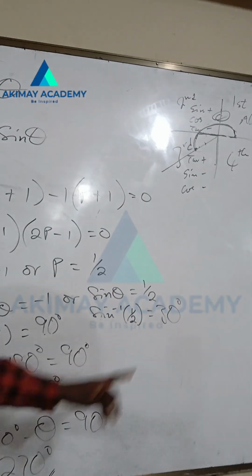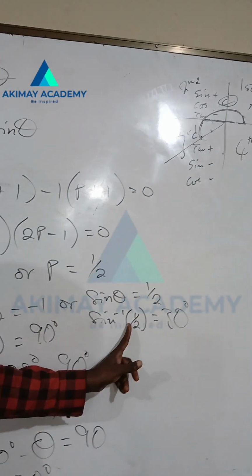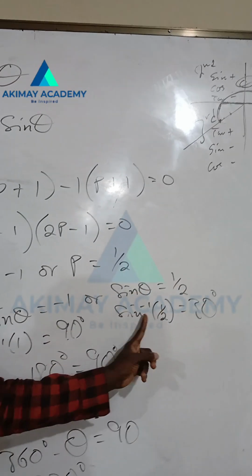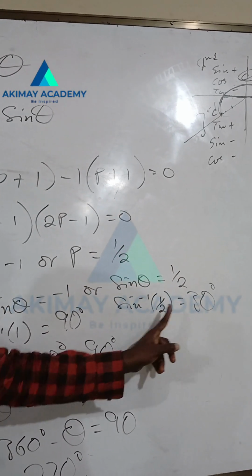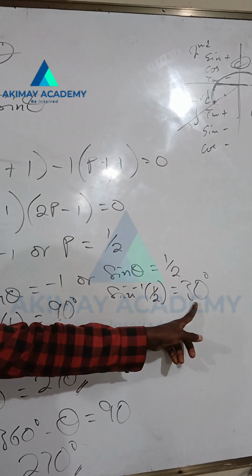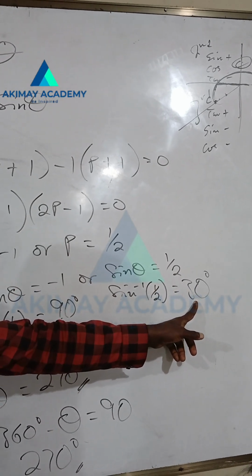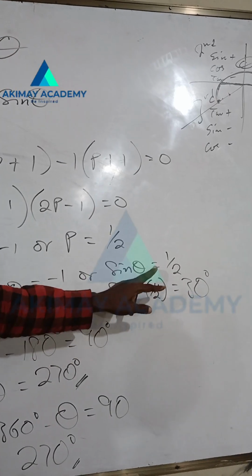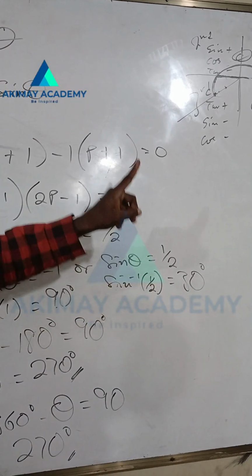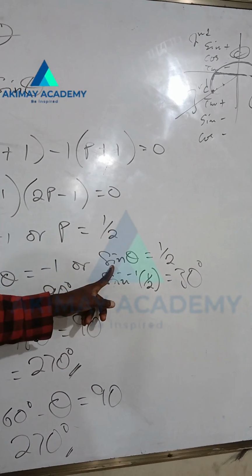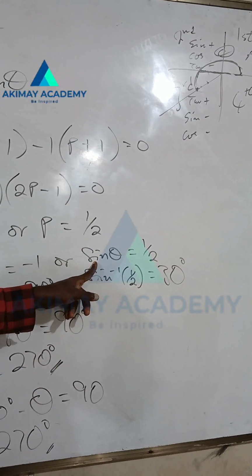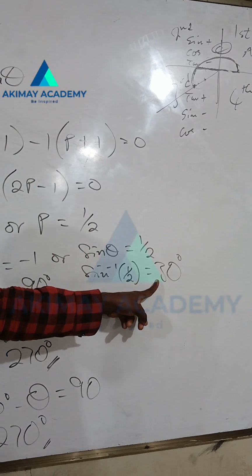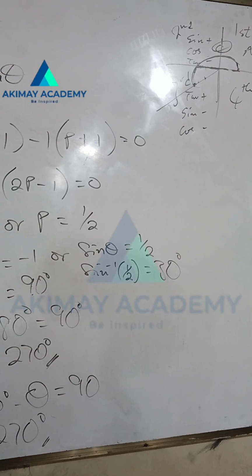Now, this one is part of the solution because sine is positive. So finding sine inverse of half being 30 is part of the solution because the 30 is in the first quadrant. Now let's find the corresponding value in the second quadrant, because we know that sine is positive in the first and second quadrant, and this 30 is representing the first quadrant.